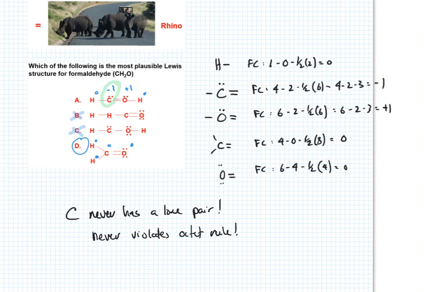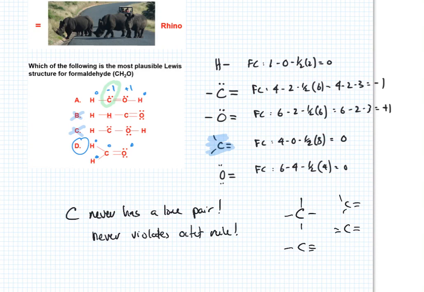When you're writing Lewis structures, carbon should always have 4 bonds to it, and it should never have a lone pair. And then the other thing you might have noticed when we've done these different examples is every time we have carbon in some configuration, it doesn't matter whether it's written this way or this way or this way, a triple bond, a double bond, 2 double bonds, a carbon with a double bond and 2 single bonds.